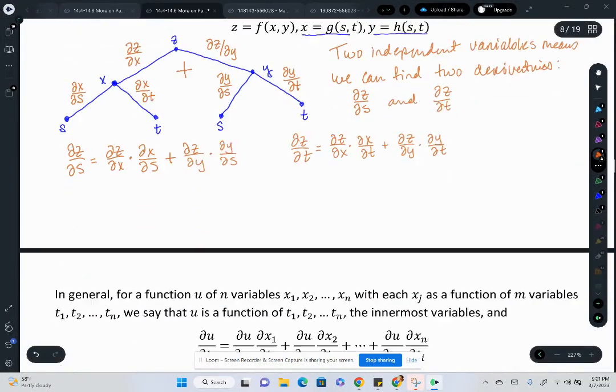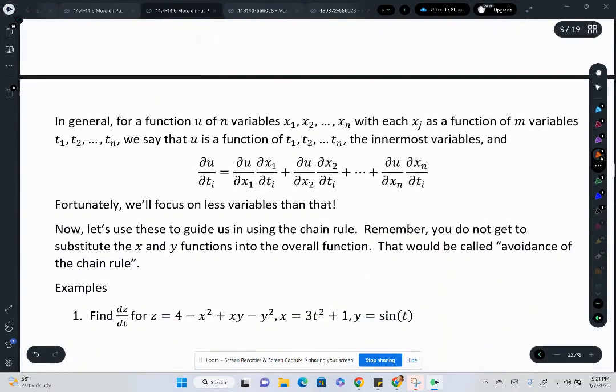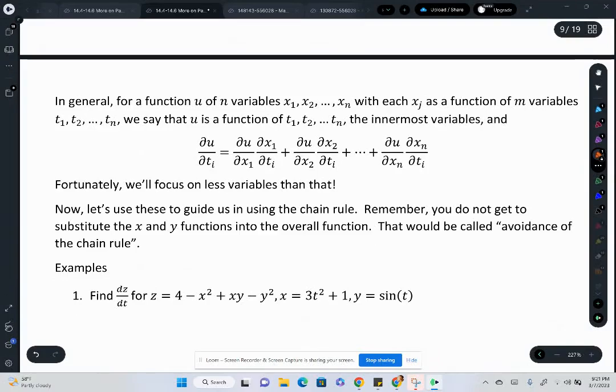Okay? So I guess the last thing to talk about is, in general, if we have a function u and it's a function of n variables, with each of those variables being a function of m variables, then this should be ending at m, this should be ending at m, then we would say that u is a function of the innermost variables, the t's.